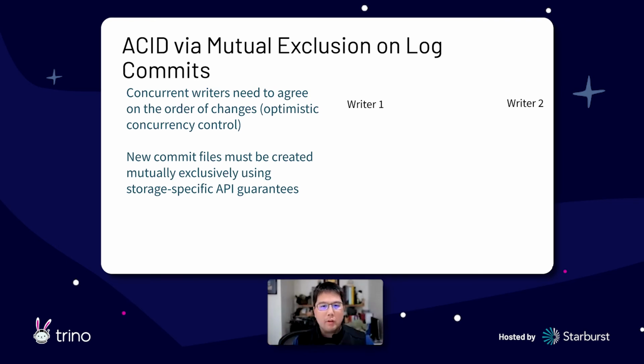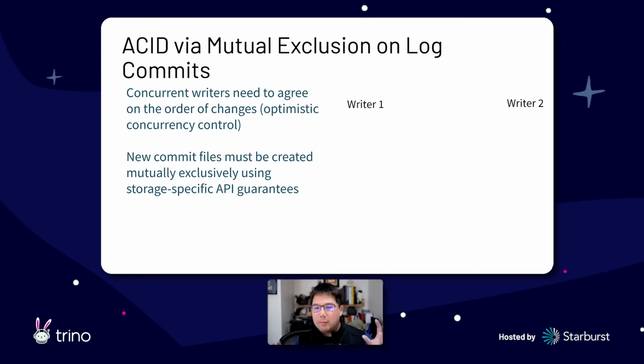Optimistic concurrency control will allow that write to happen because they're not interfering with each other. But if you're trying to update the same partition of data as you're trying to insert, there may in fact be problems because you need to know exactly which order. Did you update first and then insert the data, or did you insert the data, which the update itself might impact?